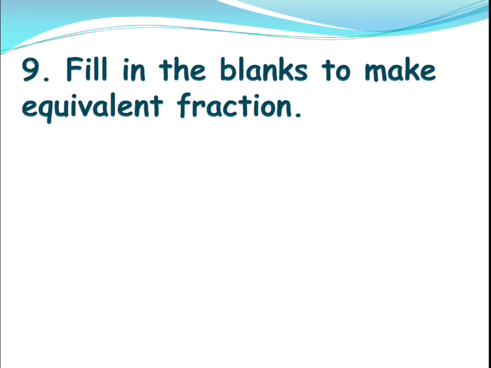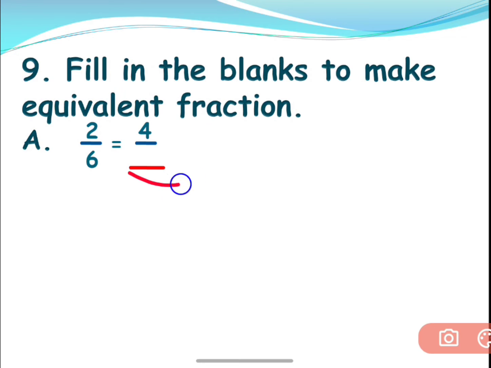How? Let's see. So fill in the blanks to make the equivalent fractions. First, they have given the fraction and that is equal to some equivalent fraction. So in that equivalent fraction, they have given the blank like this. See, 2 by 6 is equal to 4 by dash. That means we have to find the denominator of the equivalent fraction.